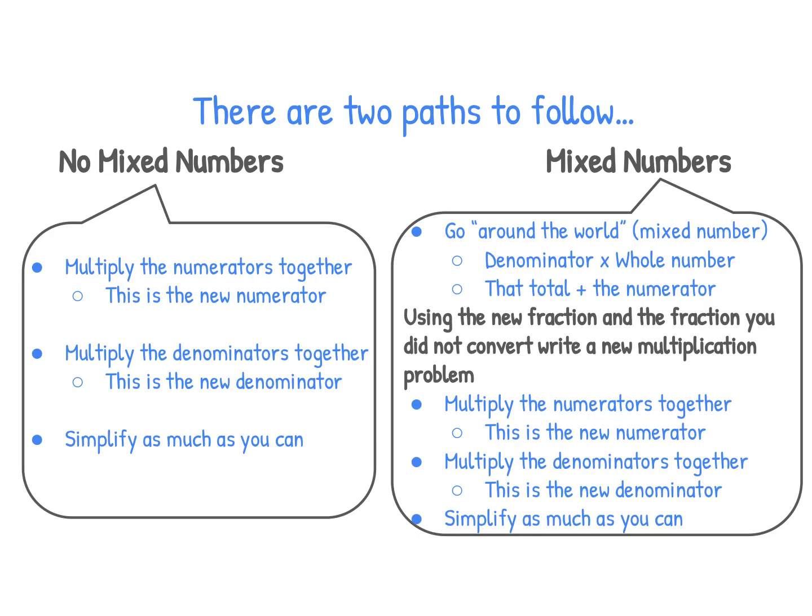When you multiply fractions, there are two paths that you need to follow. The first would be there's no mixed numbers. That's your straightforward path. There's three basic steps. The first is that you multiply the numerators together. That's the numbers on top of the line. And that would become the new numerator. Step number two would be, after you've done that, you multiply the denominators.